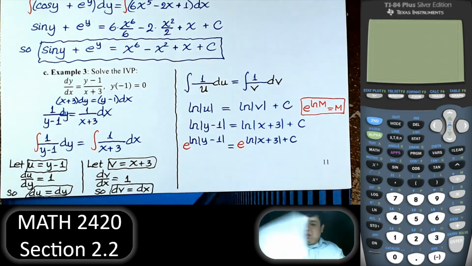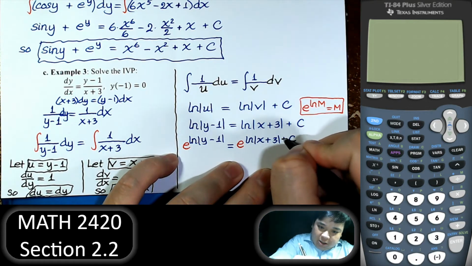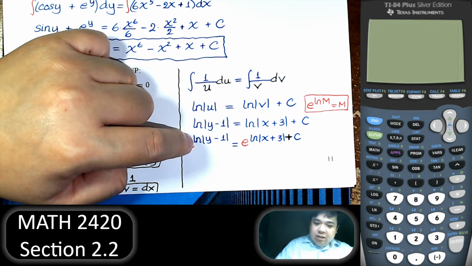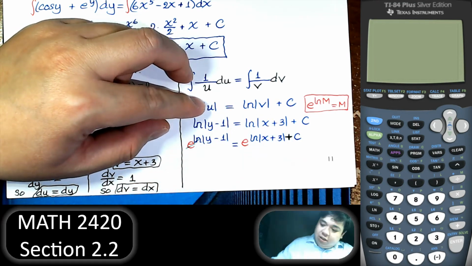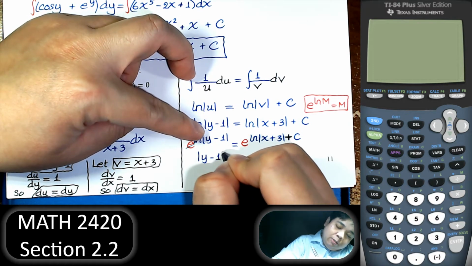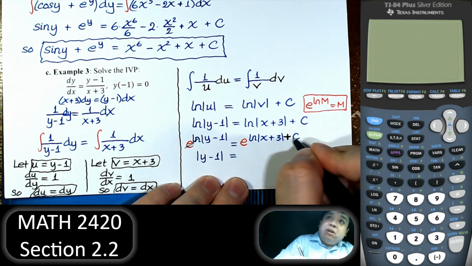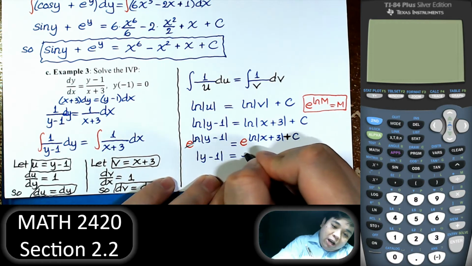Notice that this is a plus here. So e and ln cancel out. We have the absolute value of y minus 1 equal to, now we have addition in the exponent. We can write that as a product.